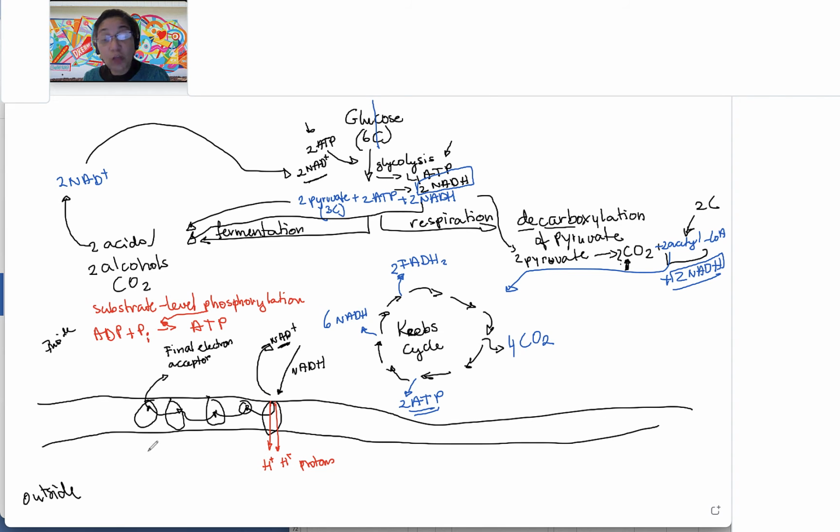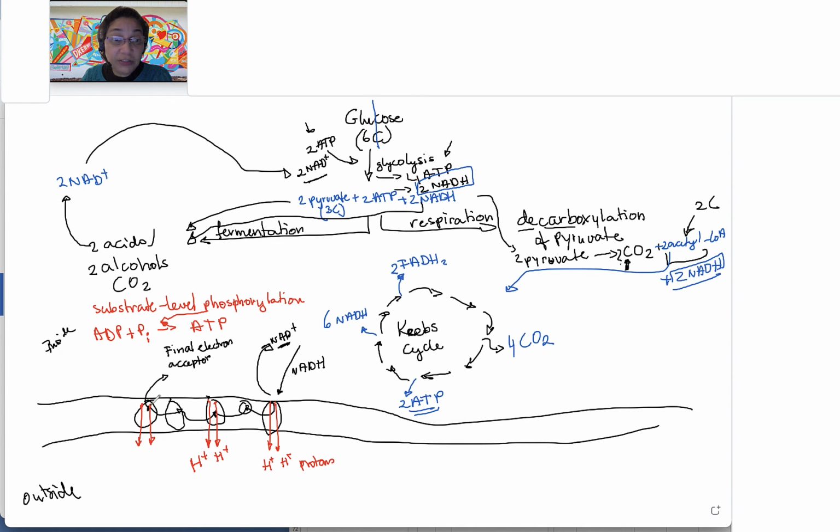Okay. Not all the proteins in the electron transport chain can do this, but some of them do. Like this guy does it. It will take the flow of electrons and use that energy to pump hydrogen to the outside. Kind of like that. Okay, and then this last guy does the same thing.